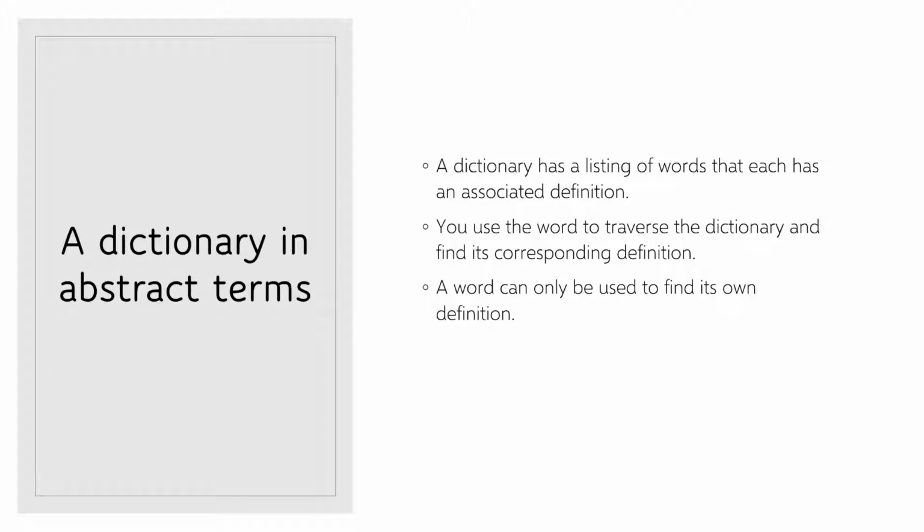Now, a word, when you're traversing a dictionary, can only give you that word's definition. If I'm looking for cat, by looking for cat, I cannot get the definition of car or of plane or anything like that. I can only get the definition of cat. These are like the basic mechanisms of a dictionary.